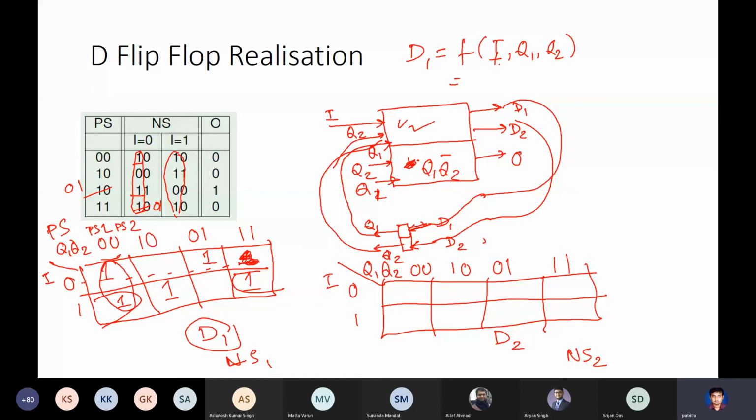So it is, let's see, it is Q1 bar, Q2 bar for this. And this is, yeah, what is the min term for this? Tell me, what is the min term for this?